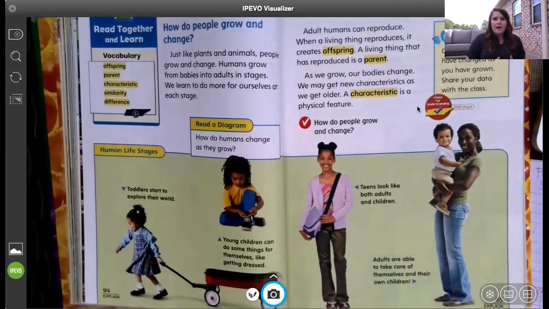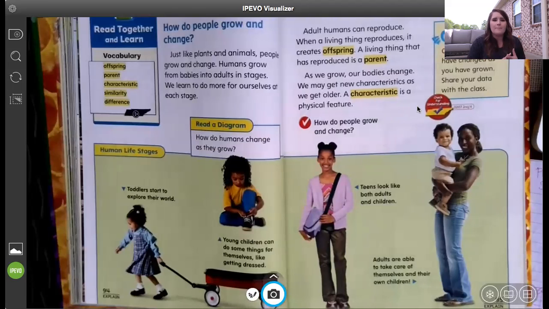But when we think about how we change from babies to now to when you become a teenager or an adult, we're constantly changing. And so if you only think about from when you were born, when you were a baby, up until you're 8, like you are right now, you have an 8-year life cycle, or the stages that you can look at right now.